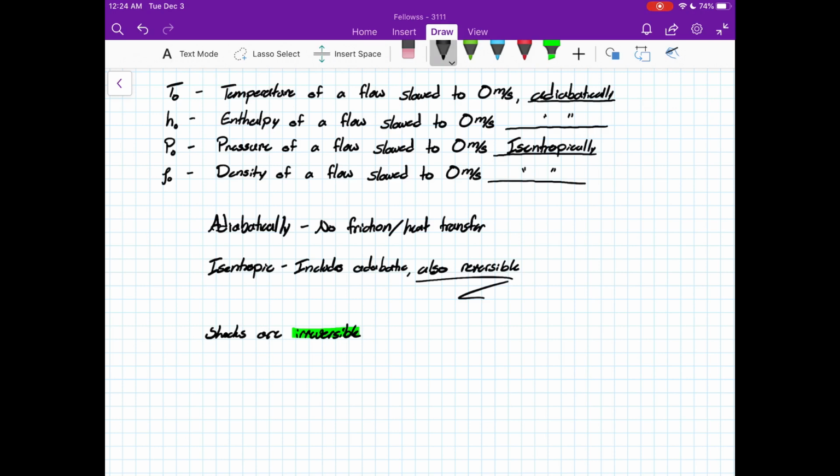So something like P naught and rho naught are not going to be constant after a shock, right? Because if you're going from one flow and then you go through this irreversible process, you're not keeping that isentropic characteristic between those 2 points on either side of a shock.